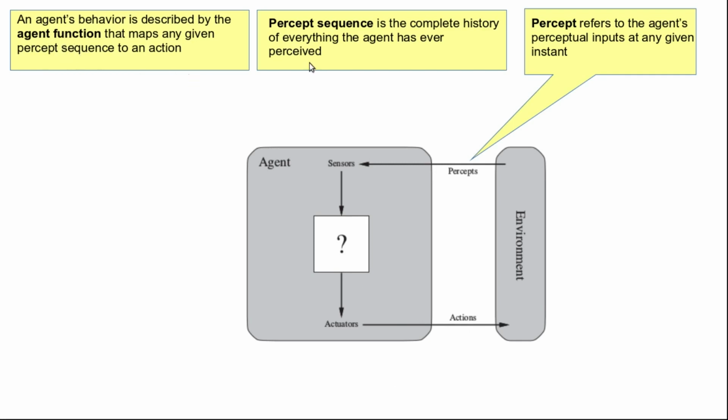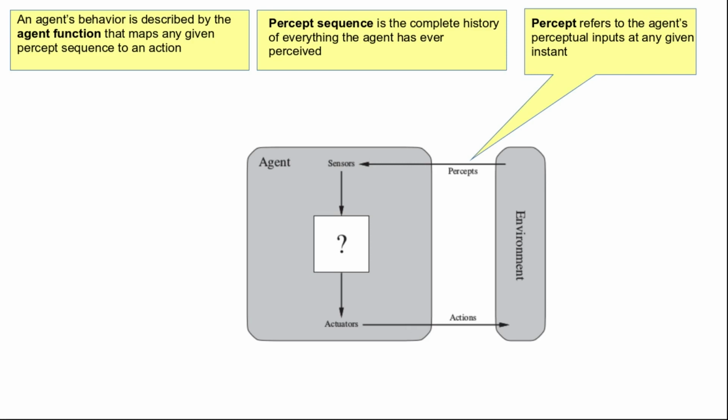To go back to the example, when the percept was that we see a right turn 30 feet ahead, given that percept, maybe the behavior of the agent should be that it applies the brake to slow down in case it wants to take the right turn, or maybe the only option is to go right.